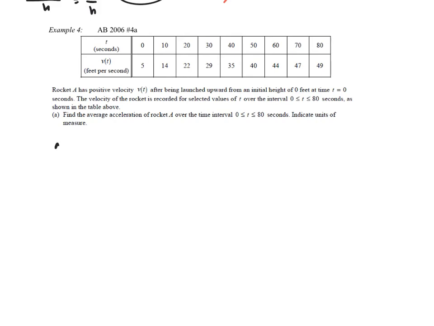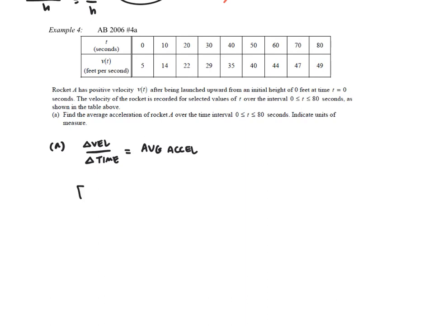Okay, so hint, hint, we're working with average rate of change, and the rate of change of velocity is acceleration. So what that means is the change in velocity over the change in time is equal to the average acceleration. So the average acceleration is the change in velocity over the change in time.